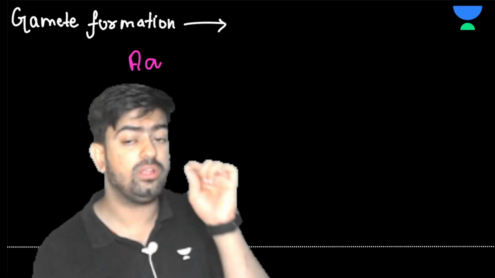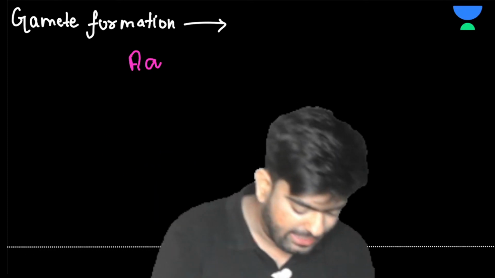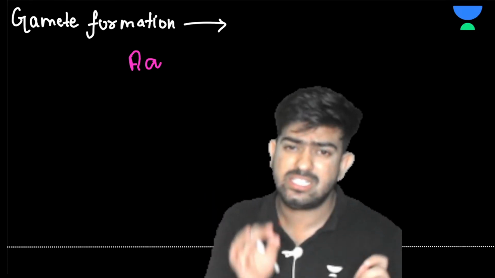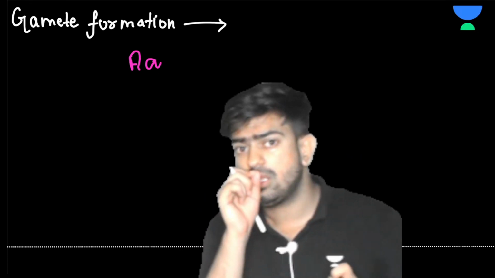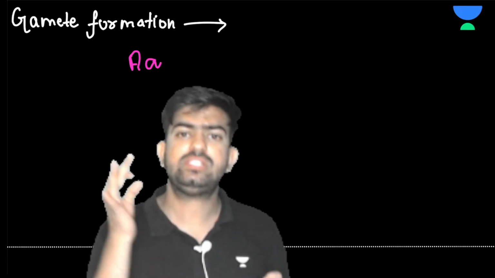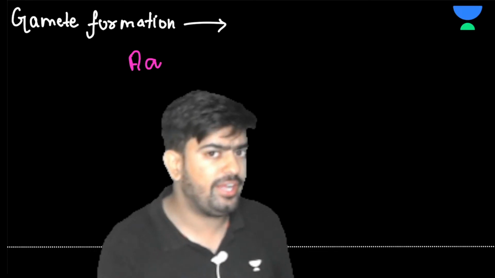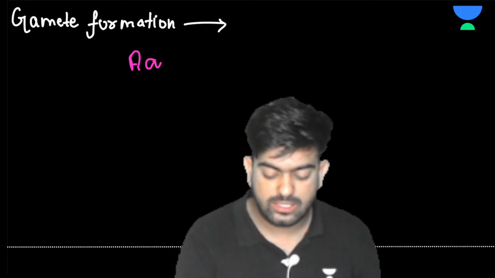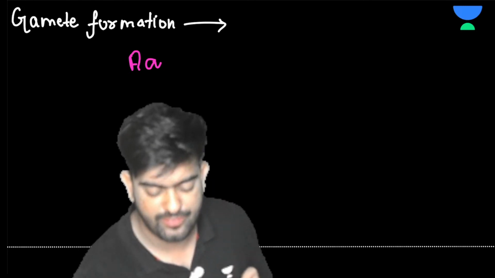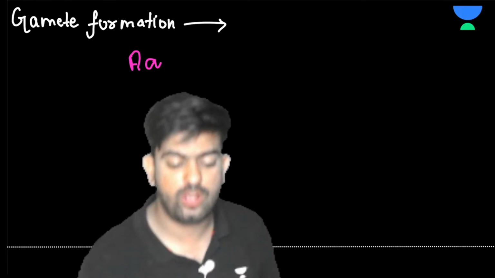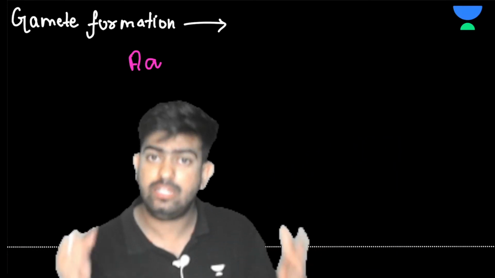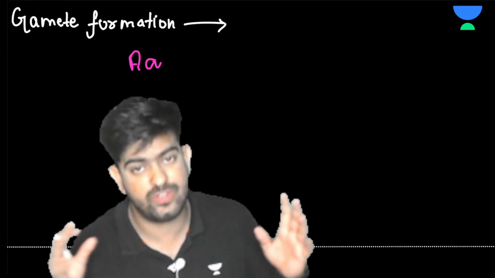Now I would like you to identify whether this capital A and small a is a gene containing a similar kind of allele. Here this gene is containing alleles such that one is capital A, which is dominant, and the other one is small a, which is recessive.